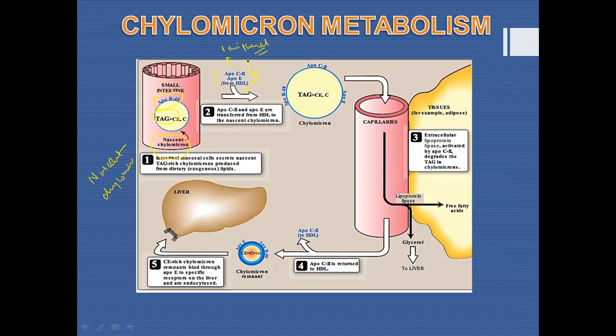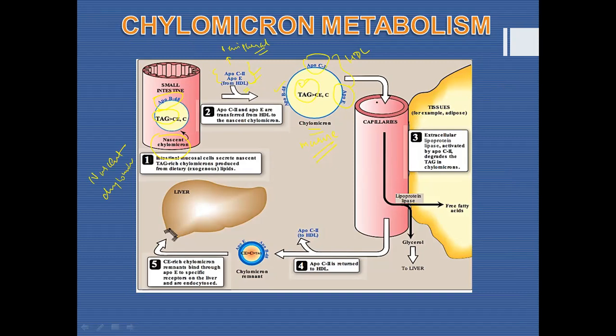So they will be easily exchanged among the various lipoproteins. So nascent chylomicron will receive ApoC2 and ApoE from HDL, and it becomes the mature chylomicron. Okay, so mature chylomicron will have ApoC2 and ApoE, which is received from HDL, along with the ApoB48 and mainly TG in the internal core.